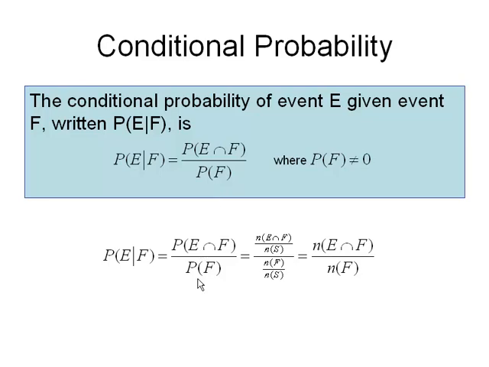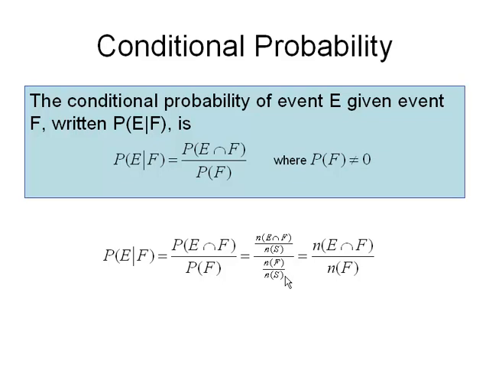They're exactly the same thing. So if I take our definition, P(E intersected with F) divided by P(F), and apply our definition of probability, which means the number of things in E intersected with F divided by the number of things in the sample space, P(F) becomes the number of things in F divided by the number of things in the sample space.